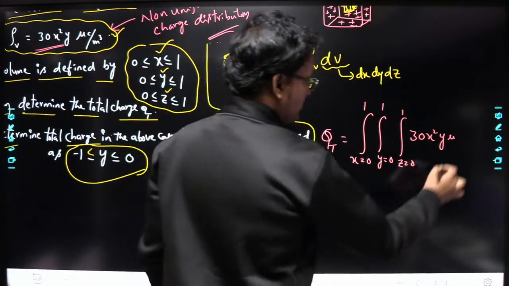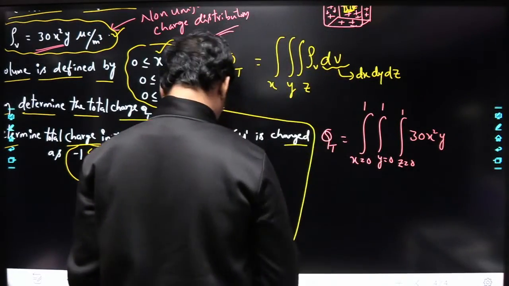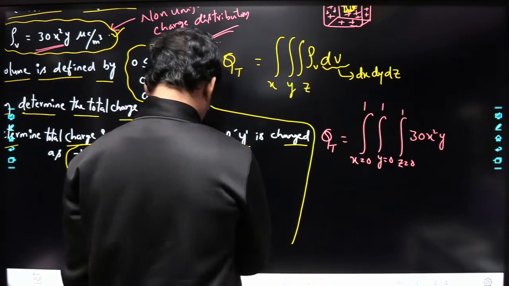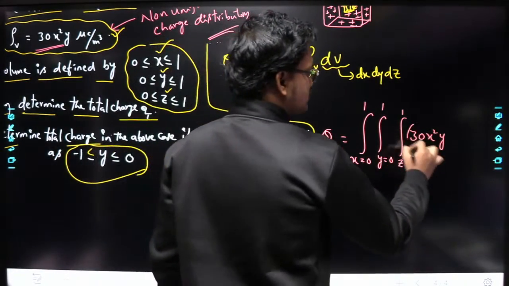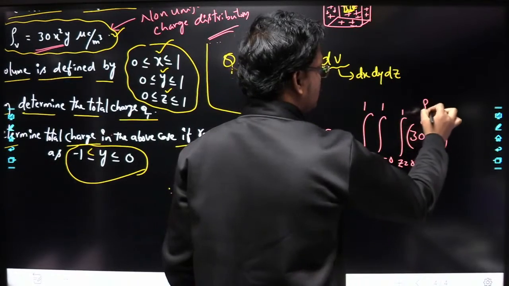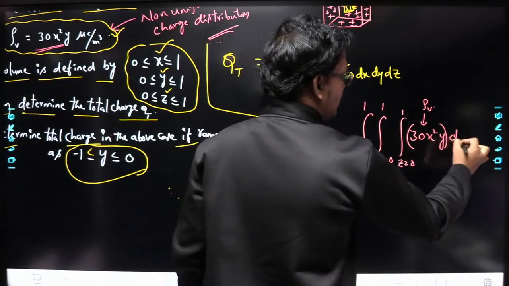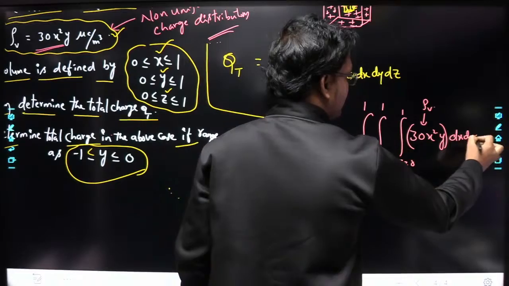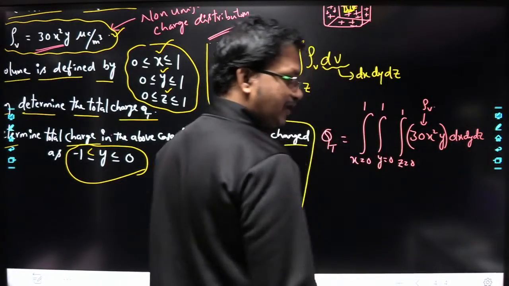So remember the units here. This is rho v, and dv is nothing but dx dy dz.